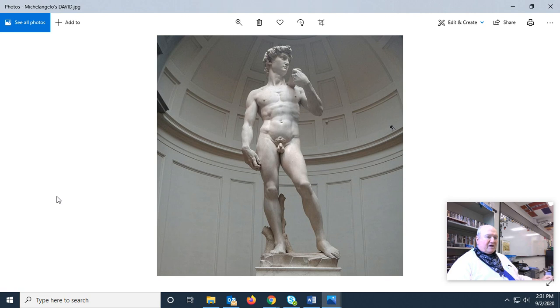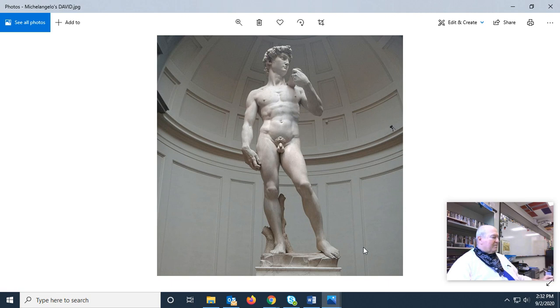One solid piece of marble. This piece of marble is 14 feet tall, and there's another 4 feet of the pedestal that he stands on, and it's one solid piece of marble.